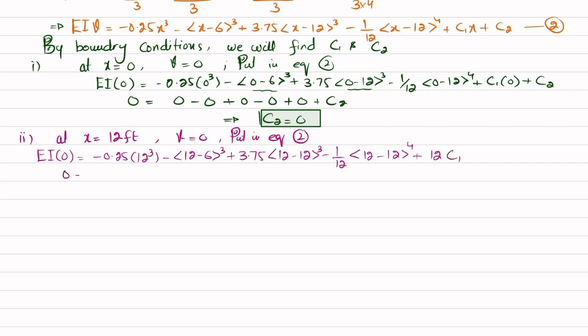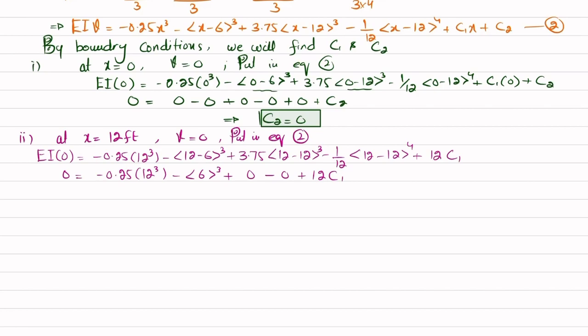So this will give you minus 0.25 into 12 cube minus 6 cube, plus this will be 0, since 12 minus 12 is 0, and the same for this term, plus 12 C1.